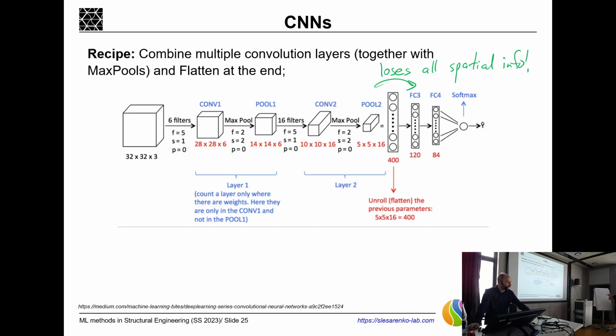Okay. So what's happening is, you could just take an image, and the first thing you do is flatten, and then you do dense layers.